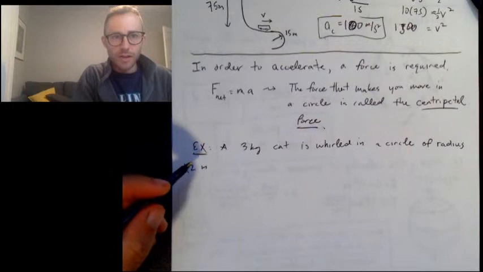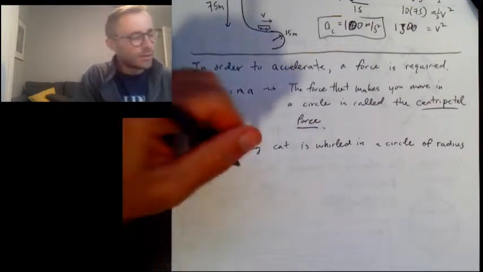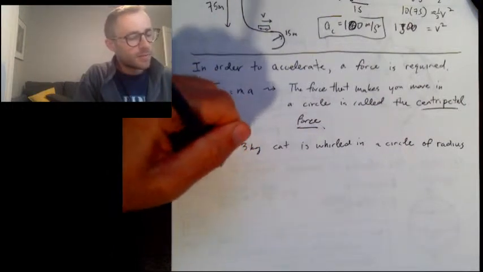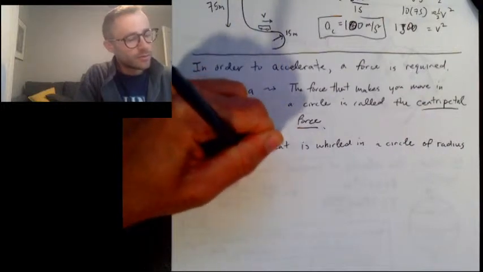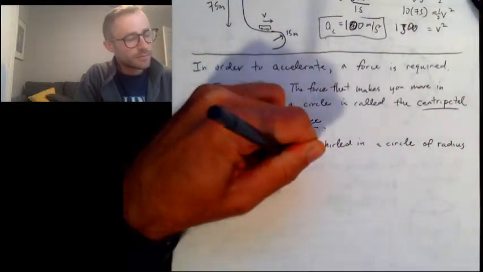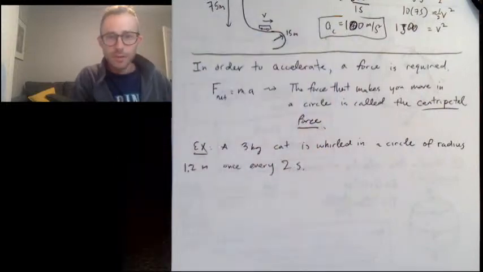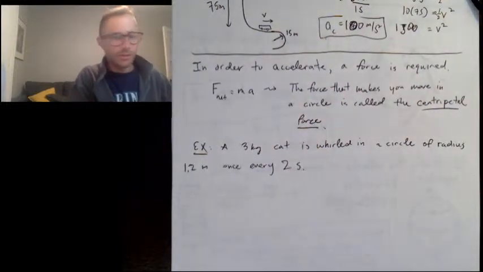And we're going to say that the cat is whirled around once every 2 seconds. Okay? Once every 2 seconds, the cat is whirled around a circle.